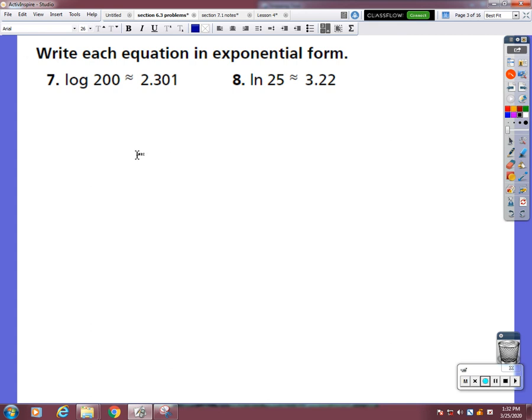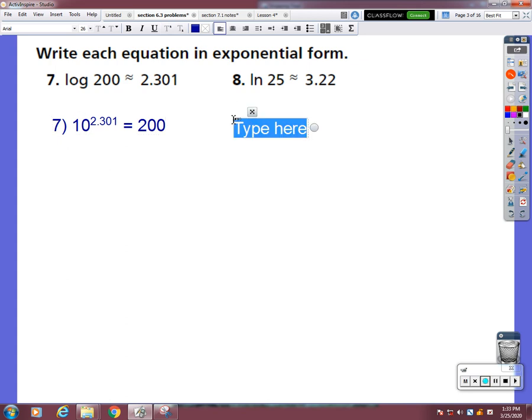Okay, now we're going the other way around. So we have things that are already logs and we're writing them as exponents. Remember that if there is no base written for a log function, then we assume that base is 10. So this would be rewritten as 10 to the 2.301 equals 200.